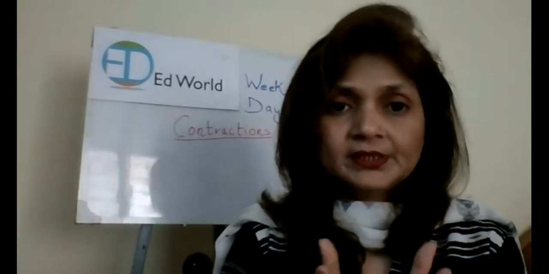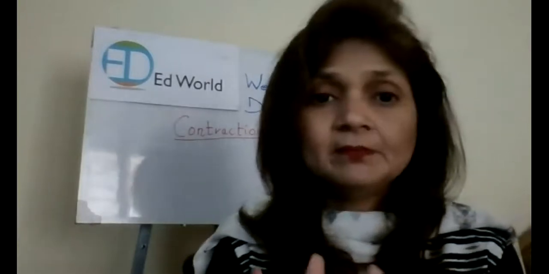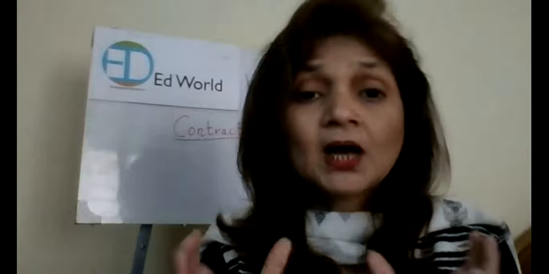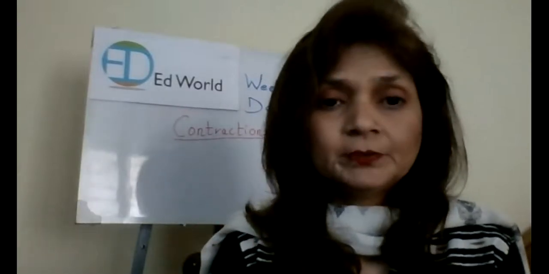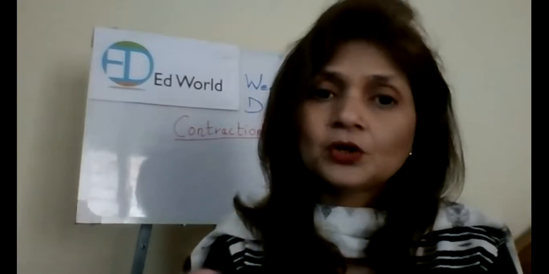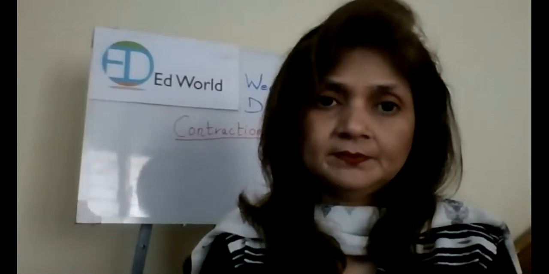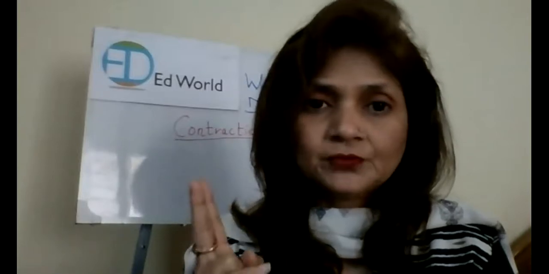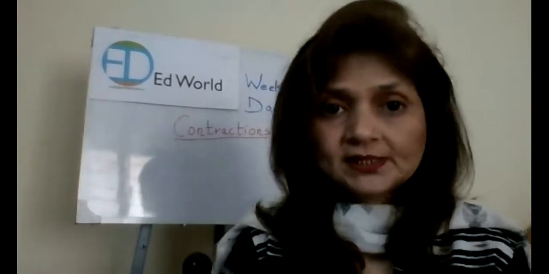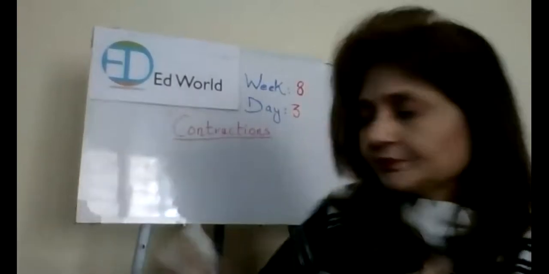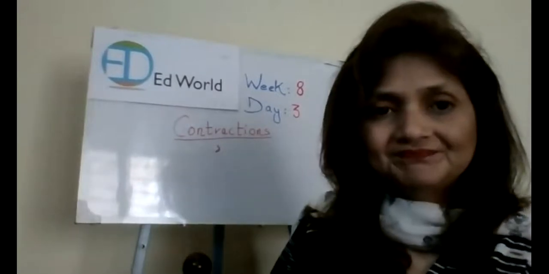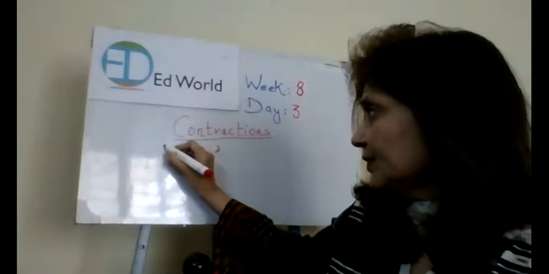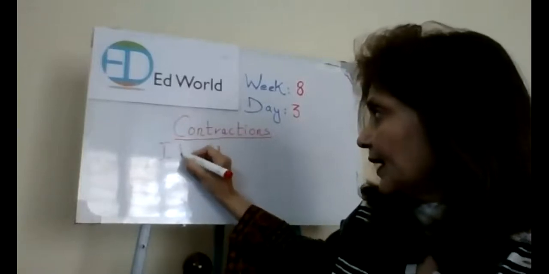Now, what are contractions actually? Contractions are words that have been made smaller. To shorten them, we remove one letter or two letters from the word, and instead of those letters, we write an apostrophe. You know, this is an apostrophe. Like suppose the word is I have.